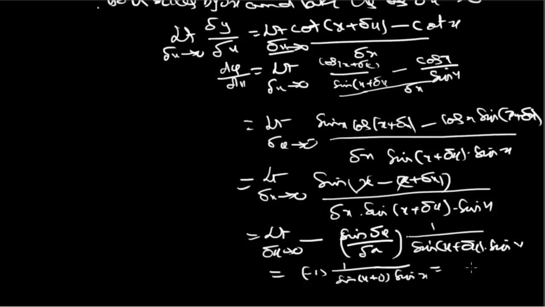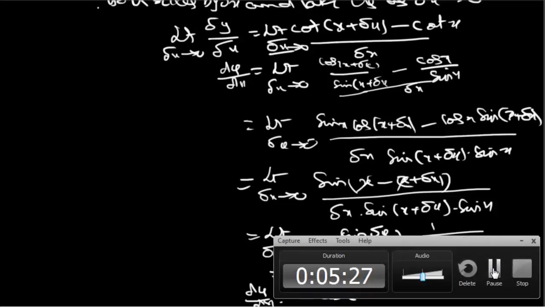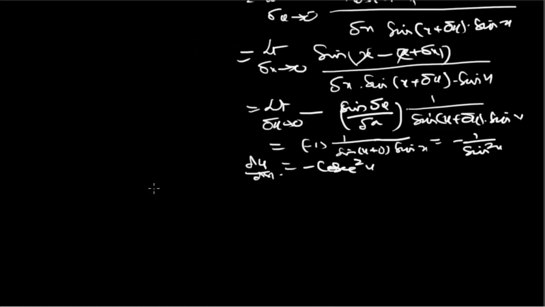So this is nothing but minus 1 by sin squared x, and that is written as minus cosecant squared x. This is dy by dx. We will conclude, if y is equal to cot x, dy by dx is equal to minus cosecant squared x.